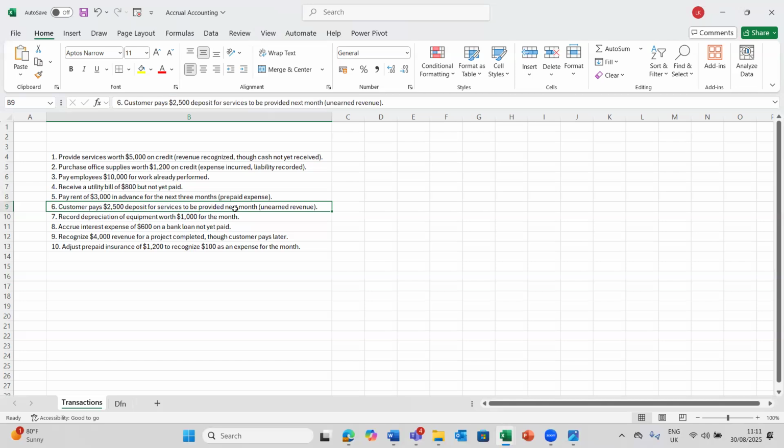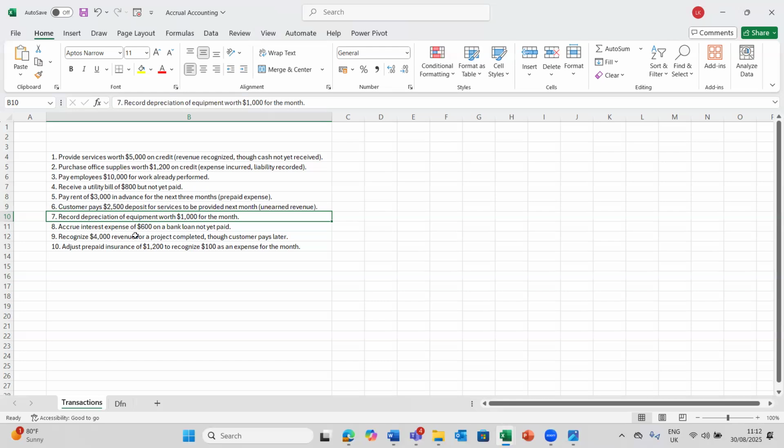Also, you record depreciation of equipment of 1,000 for the month. This one is not a cash transaction, but you still have to show the depreciation or the loss in value of equipment in that particular month, which would not be the case if we were using cash accounting.